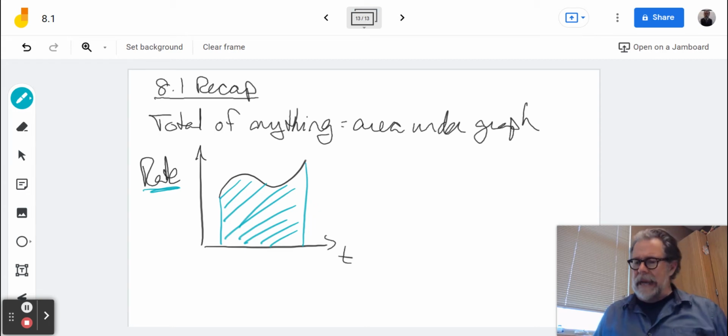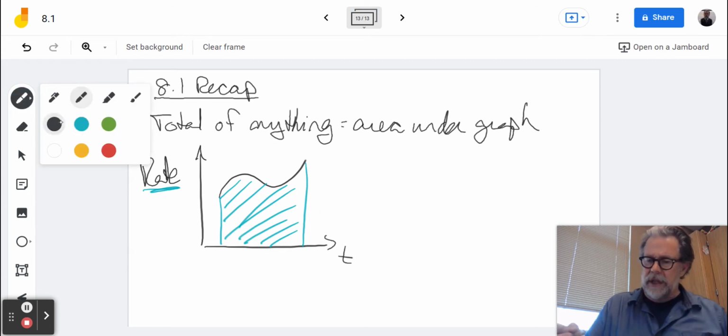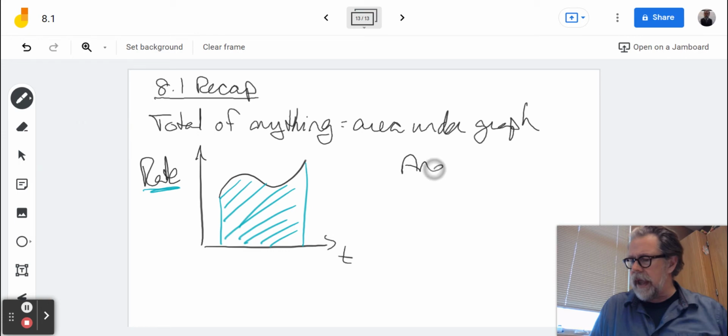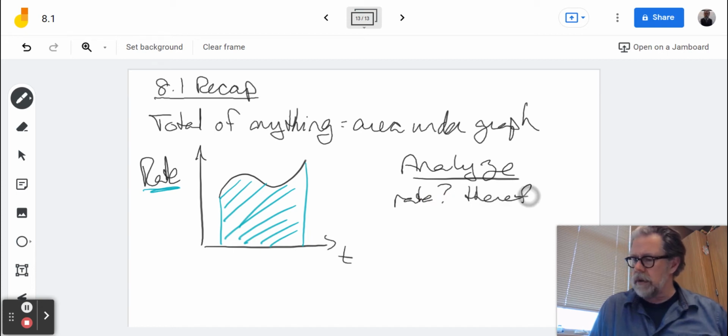So really the big idea is to do this analysis, and what we want to figure out is what is the rate, and therefore what is accumulating.